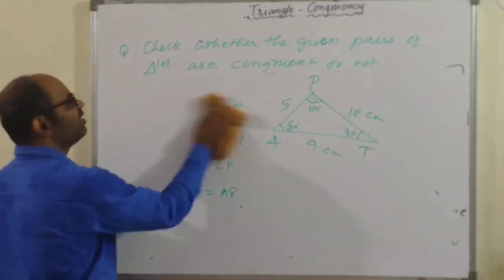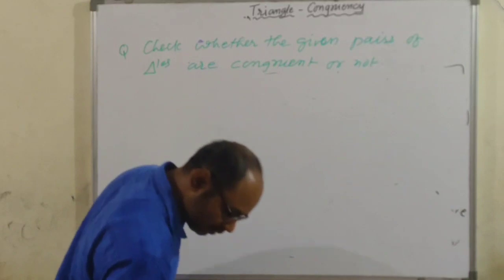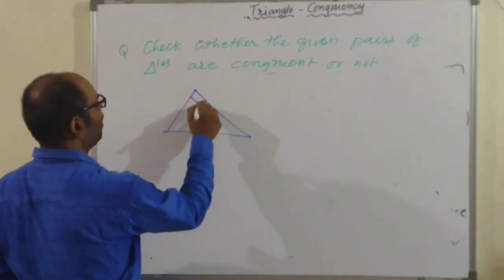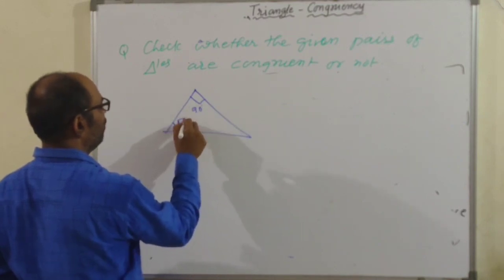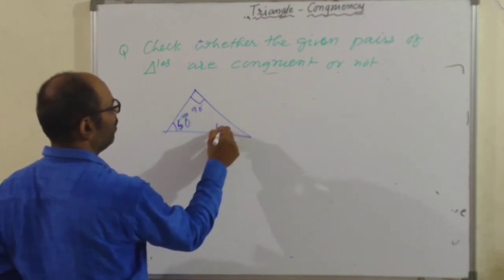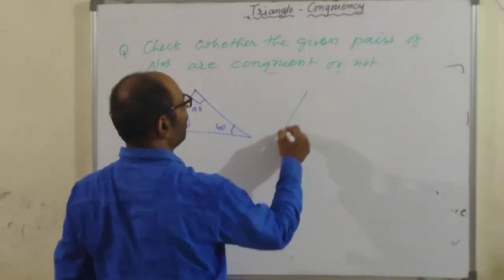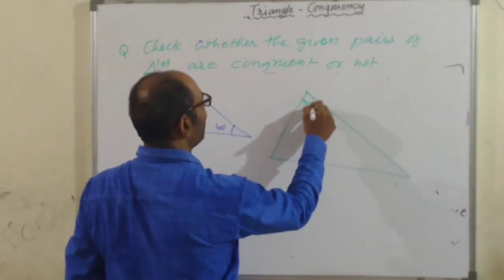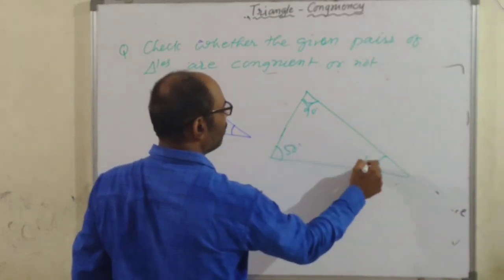Okay. Third example. This is 90, 50, 40.